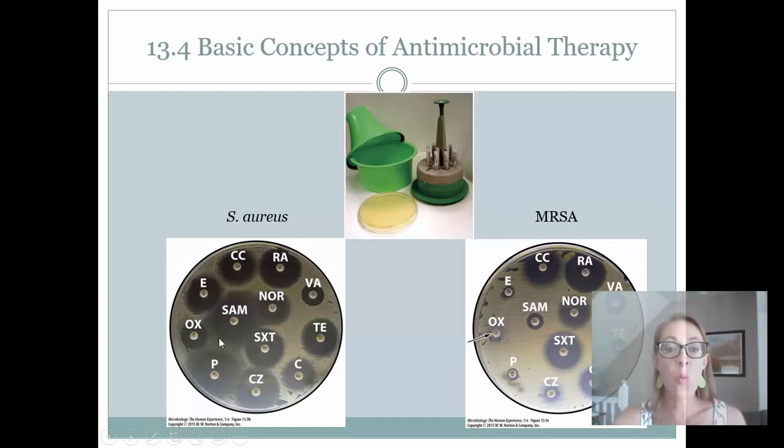So whereas it was susceptible, we have undergone mutations and now it is resistant. We will talk about how those mutations arise, but methicillin-resistant Staphylococcus aureus is a type of Staphylococcus aureus that is no longer inhibited by many of the drugs that used to be effective against it. So that's what they're trying to show you here.